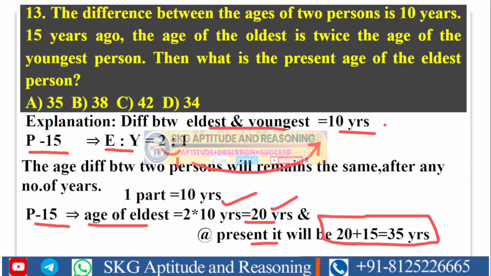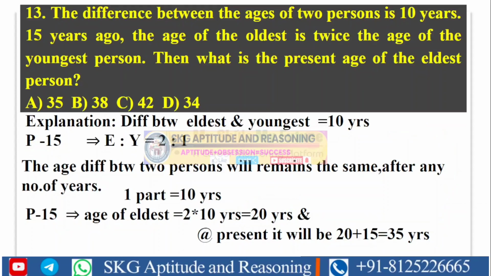Why? Because in the question he gave the age difference between the two persons as 10 years, and after any number of years the difference in the persons' ages will remain the same. So the answer for this particular problem will be option, not option D, it is option A, that is 35 years. Let us move to the next question.